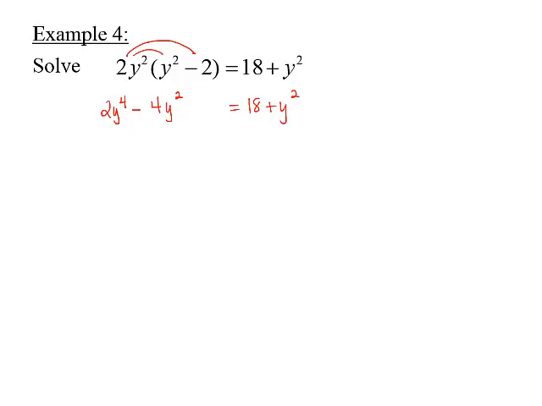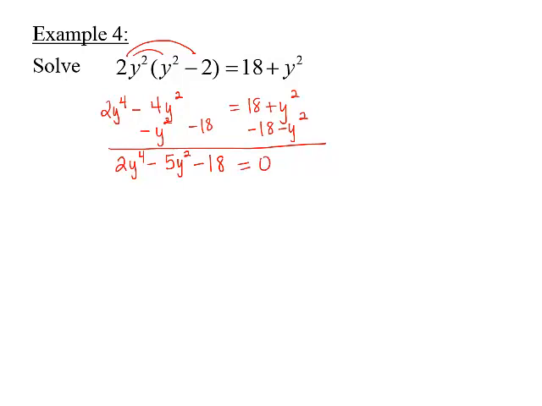To set one side equal to 0, we will subtract 18 and subtract y squared from each side. This yields 2y to the fourth minus 5y squared minus 18 equals 0.